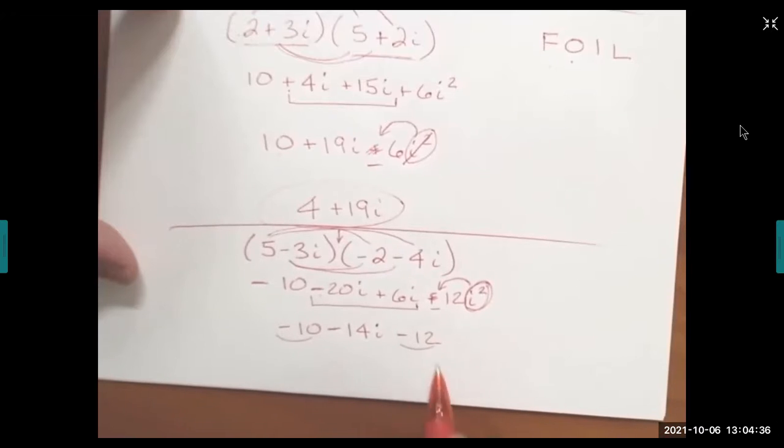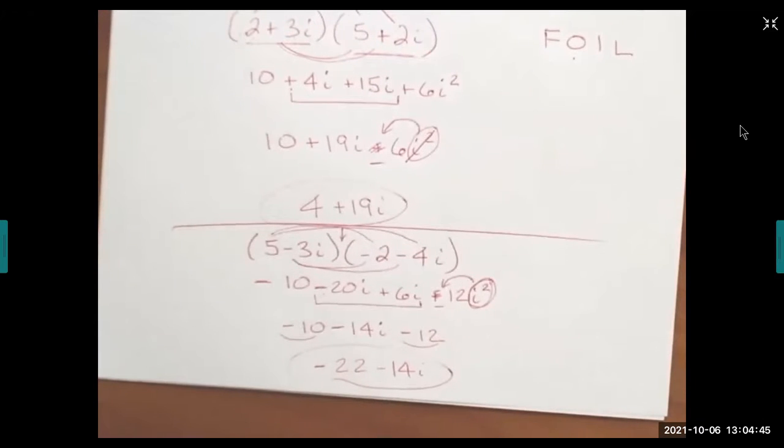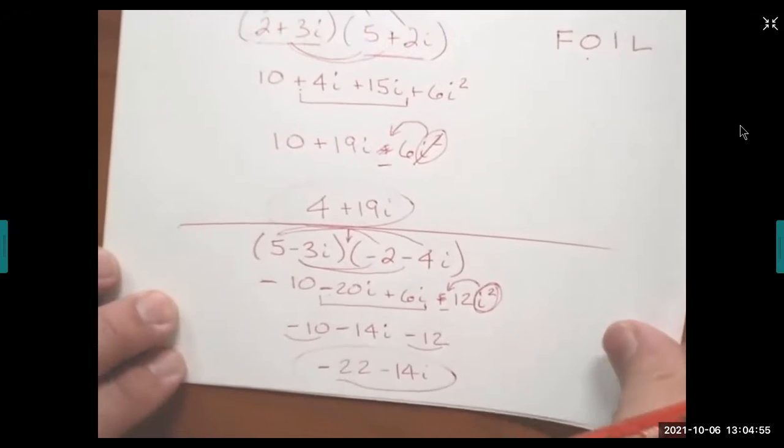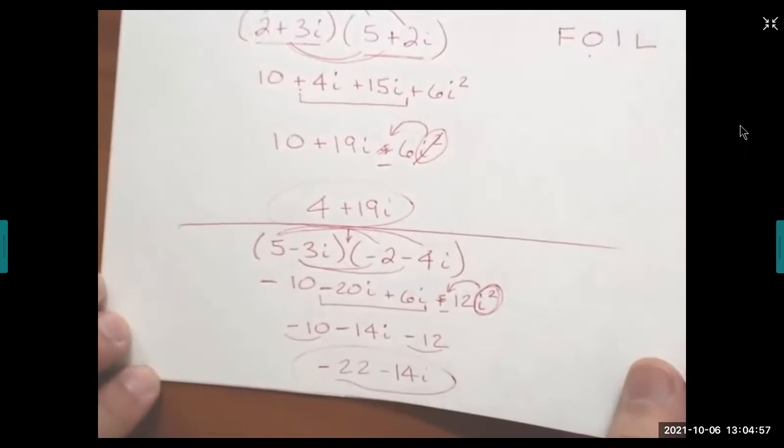Negative 10, negative 12, they're both negative. 10 plus 12 is 22, minus 14i. Is everybody okay with multiplication so far? Good, because now we're going to show you some special functions.